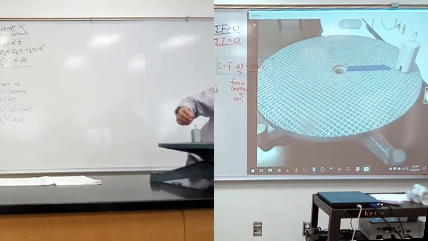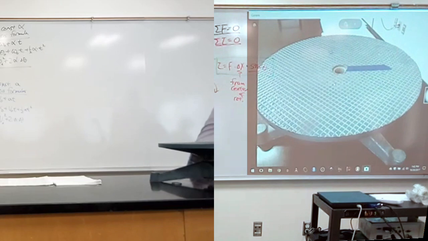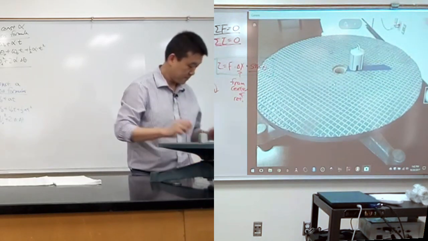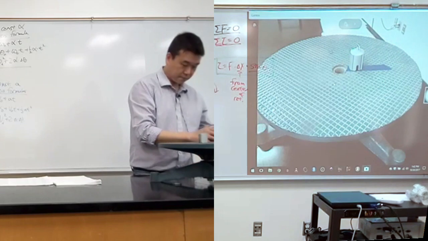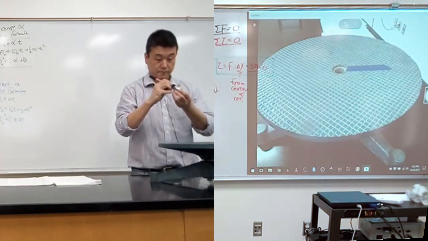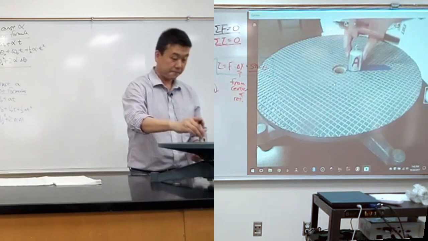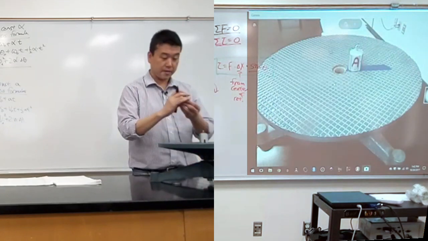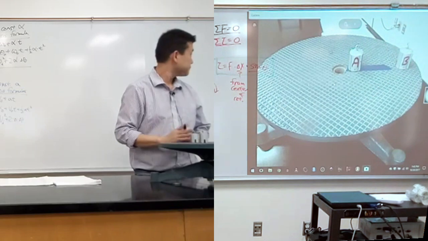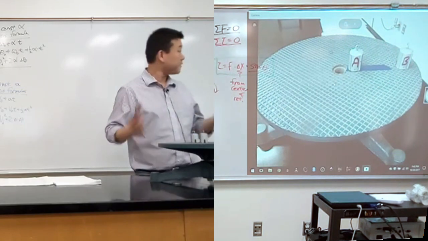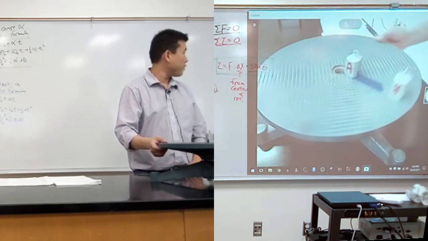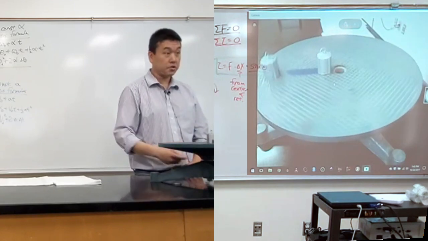The only two masses I have the same are over 200 grams. So the one that's on the inside is Alice, for A, and the one that's on the outside is Bob, or B for Bob. All right, so they're at the same angular position, right? Good. And as they move around, they remain at the same angular position.